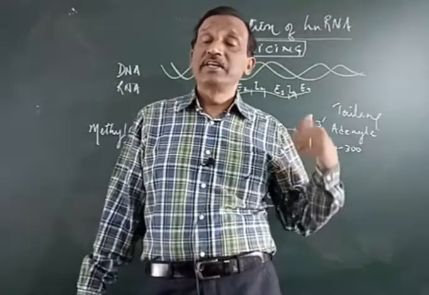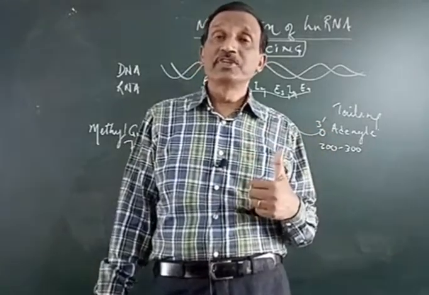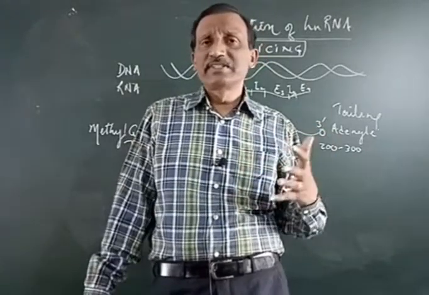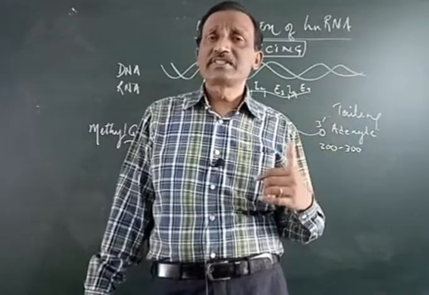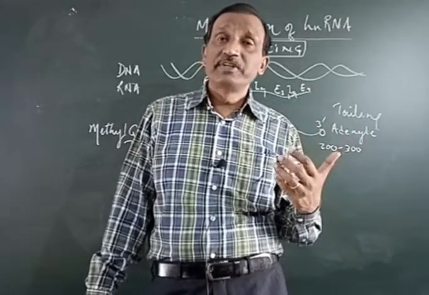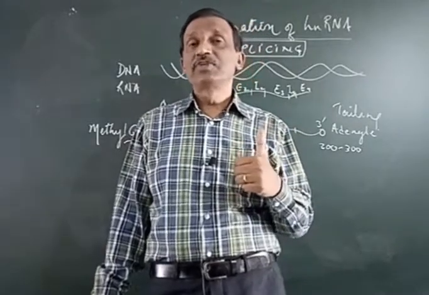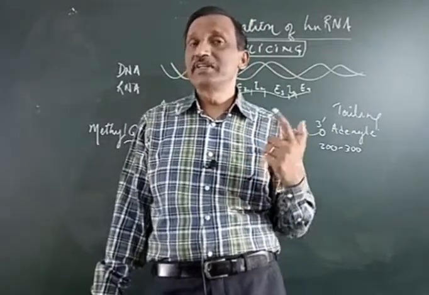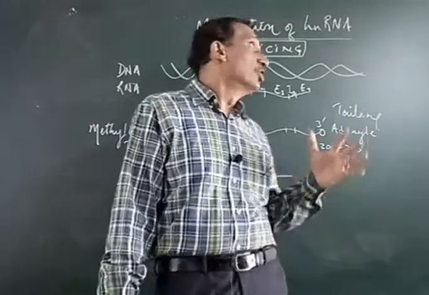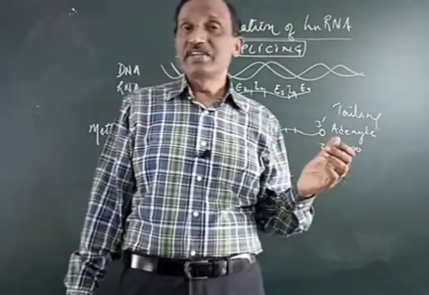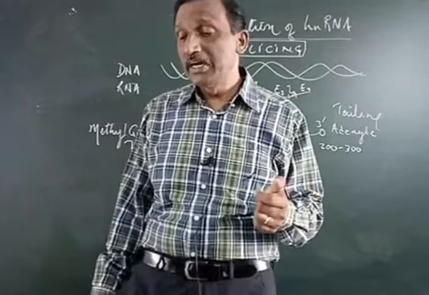So this even paved the way for variation. Whatever may be the reason, these topics are still under study. But splicing is a common factor which is found in the eukaryotic cell, but it is absent in the prokaryotic cell. So this is how the hnRNA changes into mature RNA.